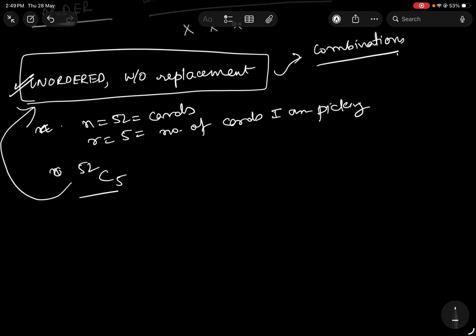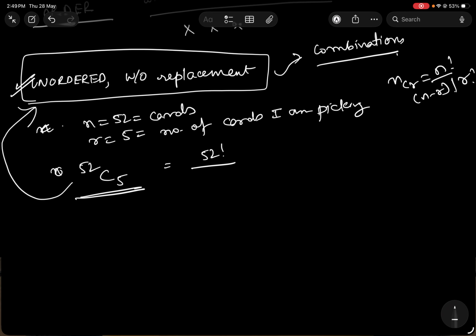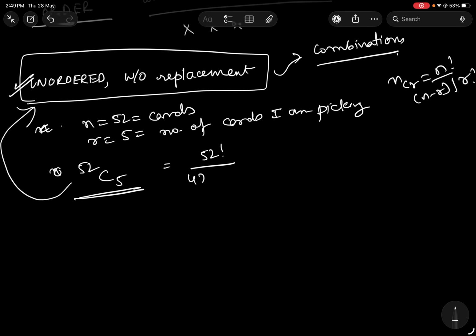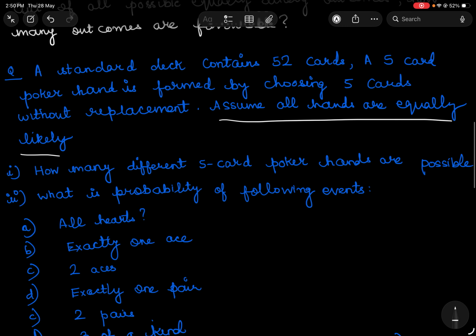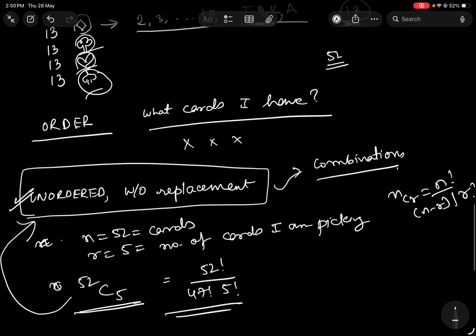So in that case, this is the total number of outcomes, and we've defined this. So nCr is n factorial divided by (n minus r) factorial times r factorial. So 52 factorial divided by 47 factorial times 5 factorial. Okay. So this actually solves our first problem. How many different 5-card poker hands are possible?